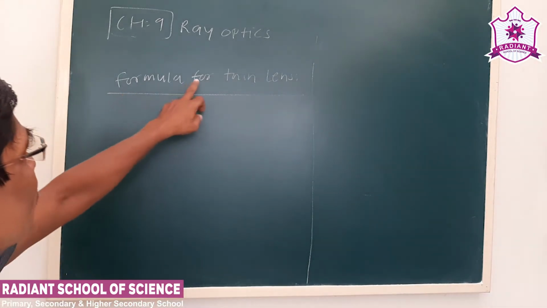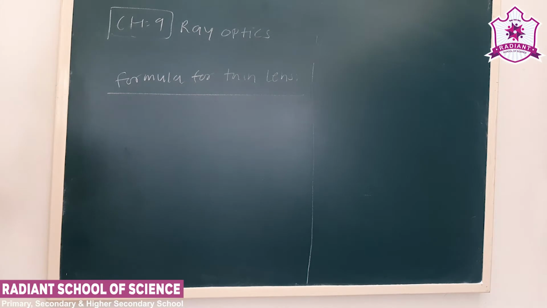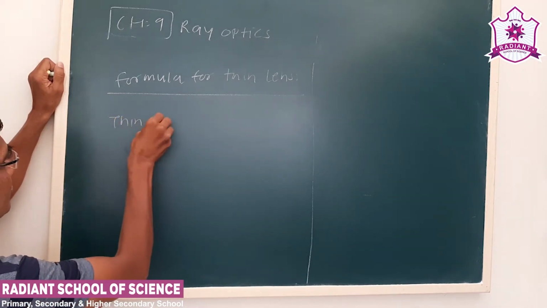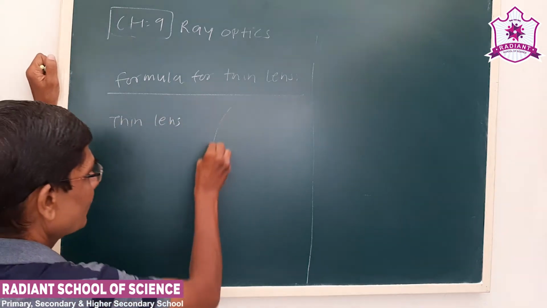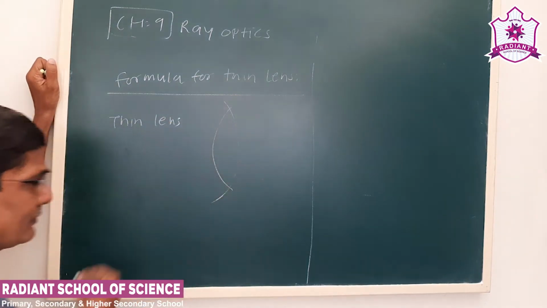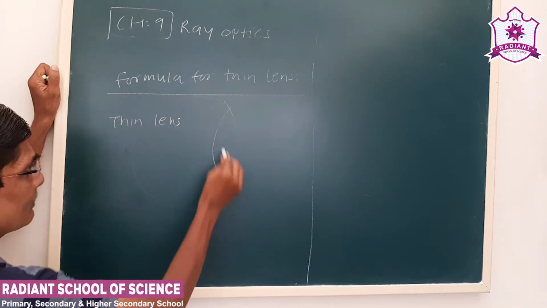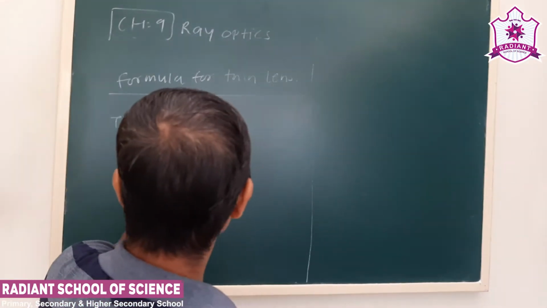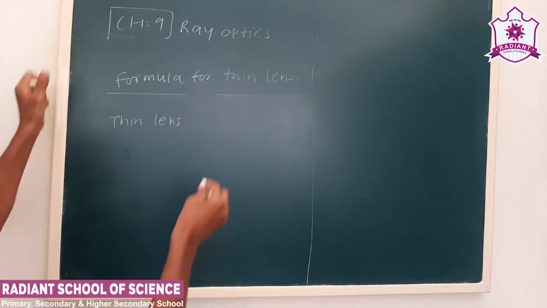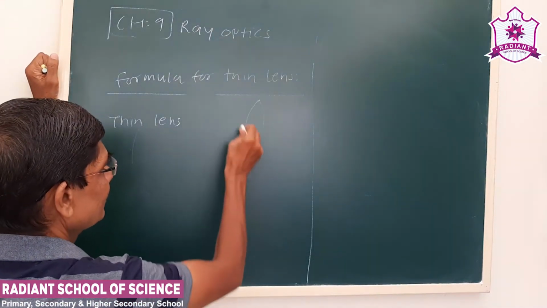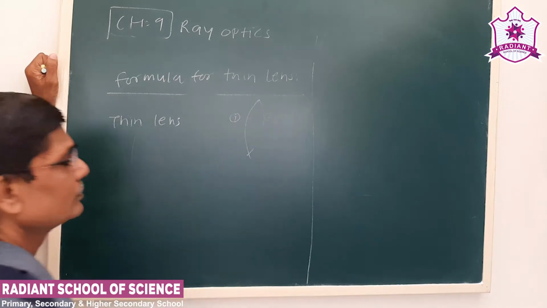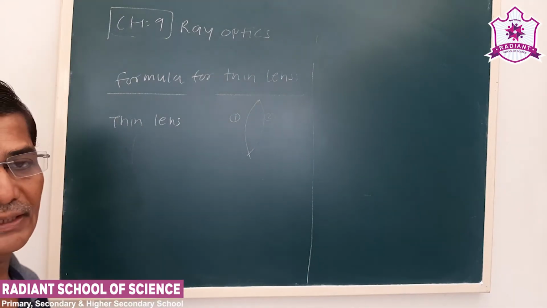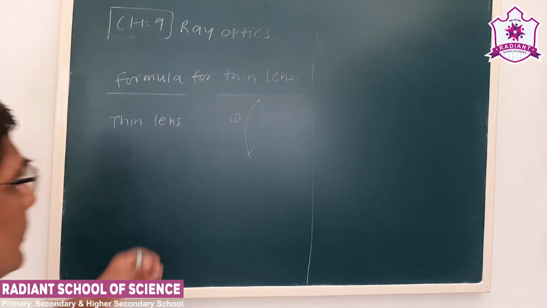Now next we have to derive the formula for the thin lens. Now see, what is a thin lens? We have seen one refracting surface, and this is another refracting surface. See, these are parts of the refracting surfaces. Now see the distance between the two refracting surfaces, let us say surface 1 and 2, is very less compared to the object distance and image distance. Then it is called a thin lens.